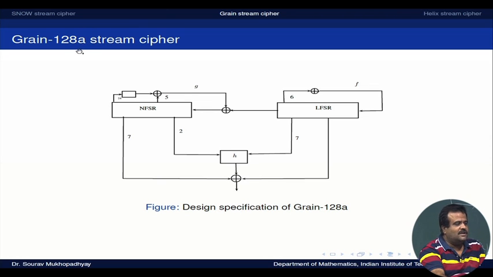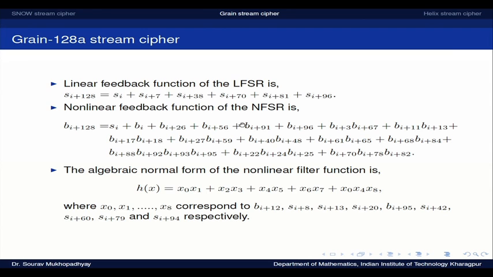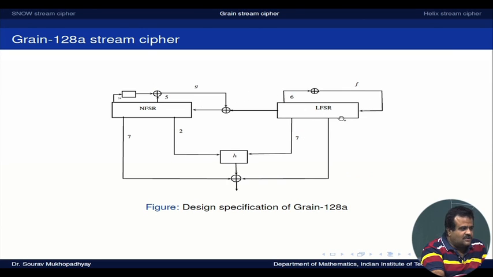This A is for authentication purposes, so we use some bits for authentication. It is a similar structure, only here we are taking the 7th bit, and we have the F function, which is given over here. This is the feedback function, the state update function of the NLFSR.